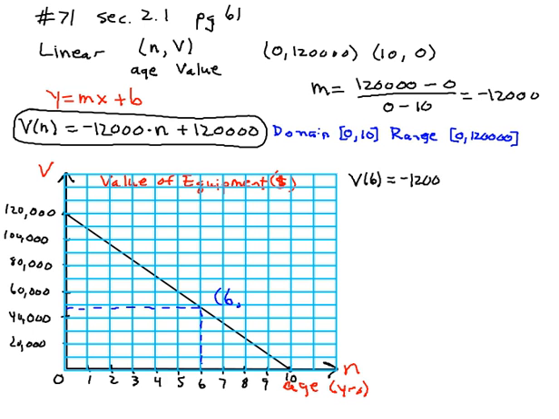So negative 12,000 times 6, and then plus the 120,000. And that gives me, let's see, 48,000. So $48,000 is the value of the equipment after 6 years.